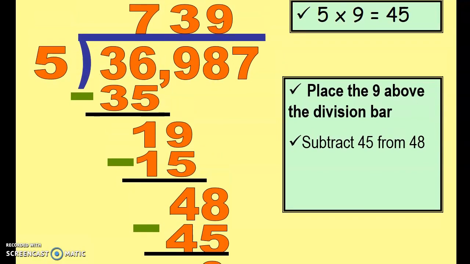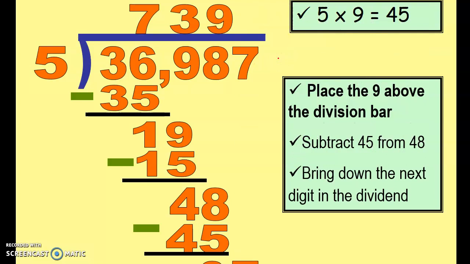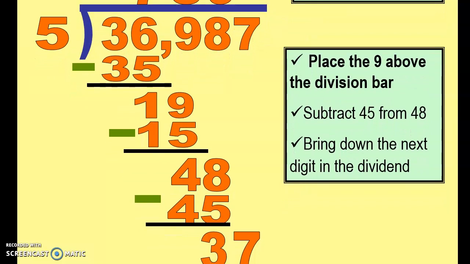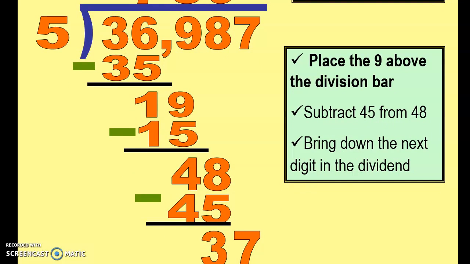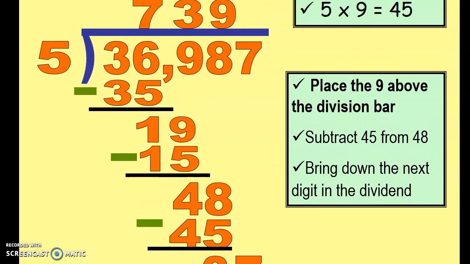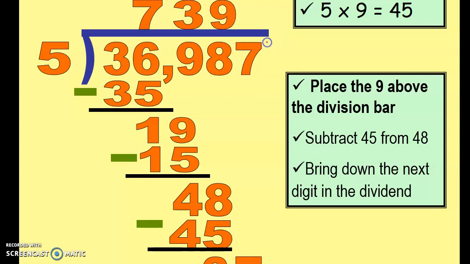So it's a 3. Now we should copy which number? We should copy 7. So now we should copy 7 beside 3. Okay, let's choose now the closest number.